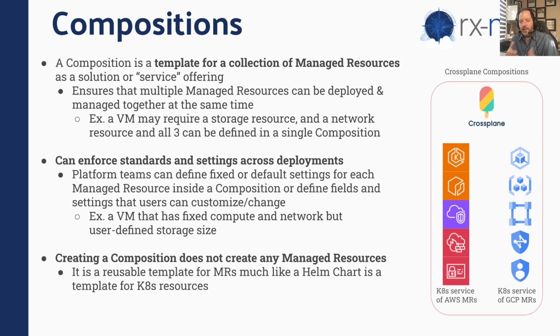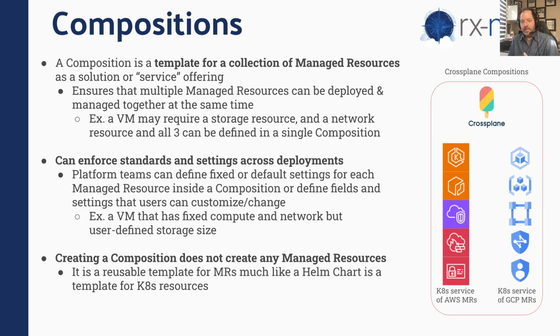So we've got an AWS service that represents Kubernetes. And then we have a GCP set of managed resources that represent a Kubernetes service using GKE, right? So we've got EKS, ECR, we've got the security groups, the firewall, etc. in AWS.